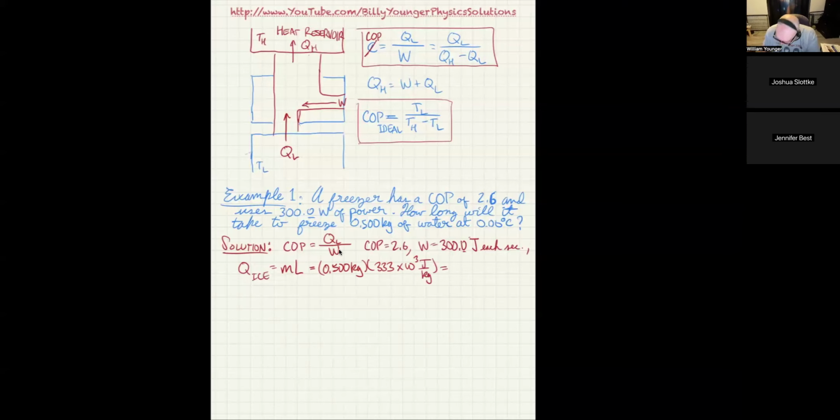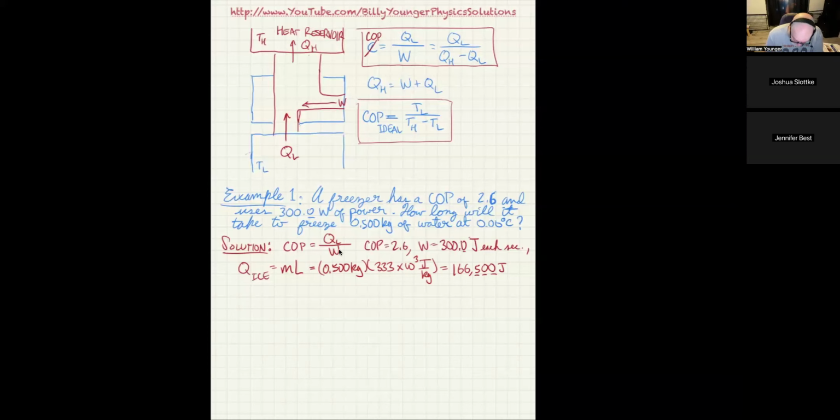So we can basically take 333,000 and multiply that by 0.5, and that gives me 166,500 joules, and only three of those digits are significant, so it's the 166 that's significant. Now we know that's how much energy we need to freeze that much water into ice.